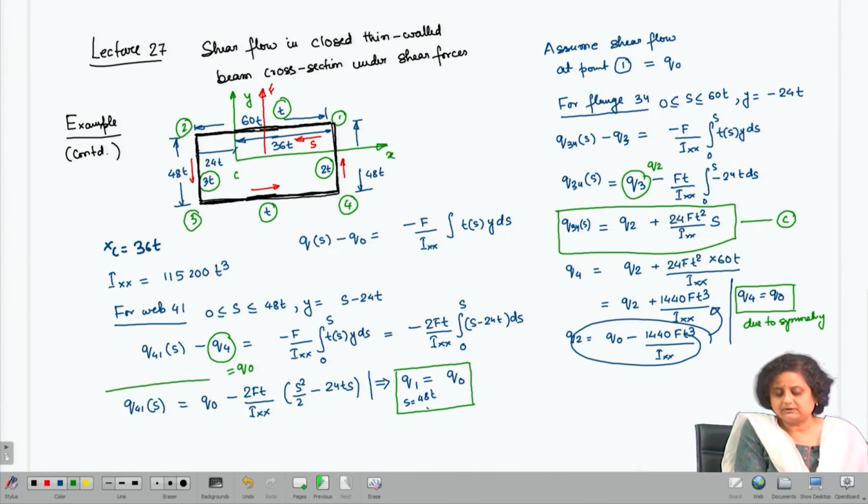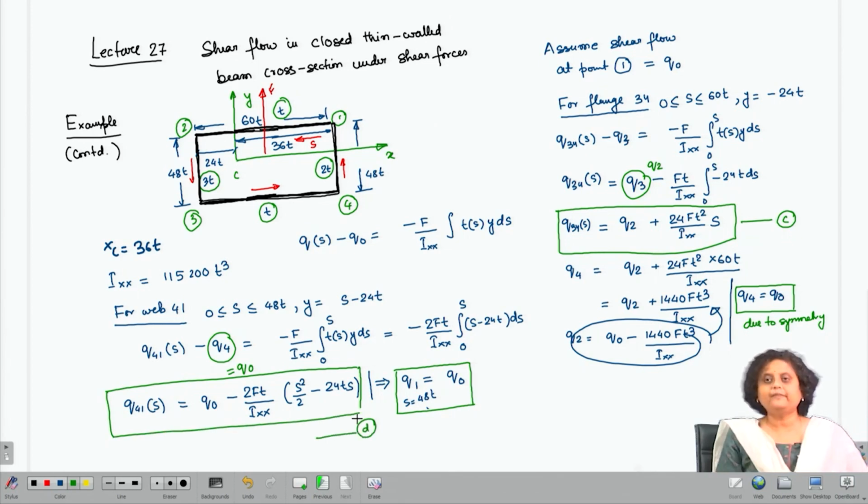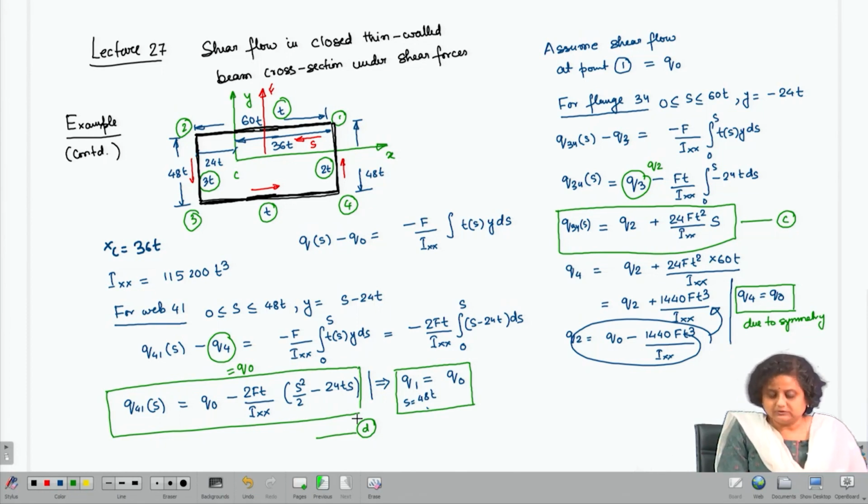So, we have got the expression for Q41 and let me name it as equation D. Therefore, we have found out the shear flow in all the 4 portions of the cross section, but all these shear flows have Q0 in their expressions.